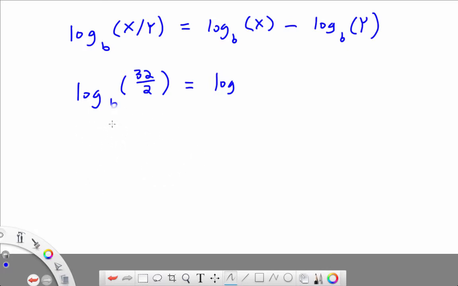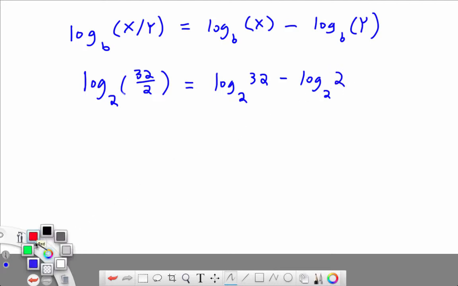Instead of b, I meant to put a 2. Log base 2 of 32 divided by 2 equals log base 2 of 32 minus log base 2 of 2. This 32 is here.